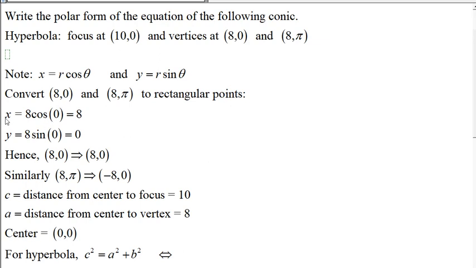And so we have x equal to 8 times cosine of 0, which is 8, y equal to 8 times sine of 0, which is 0. And so the polar point (8, 0) corresponds to the rectangular point (8, 0). And for the point (8, pi), the corresponding point is (-8, 0).